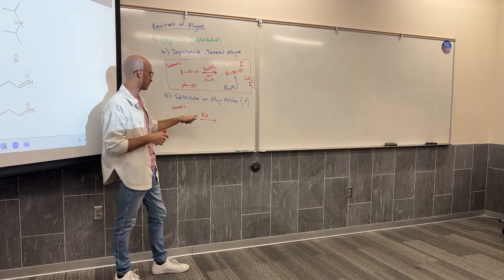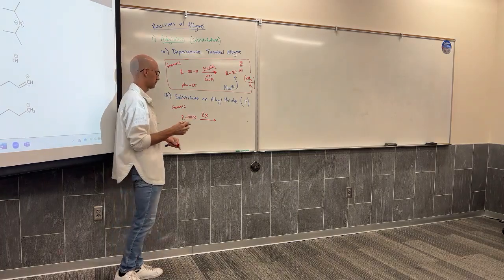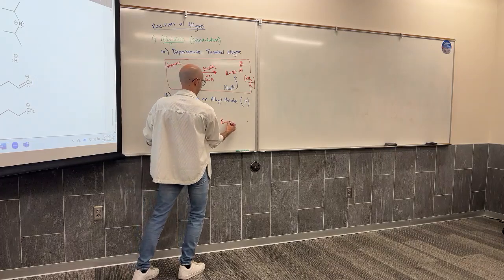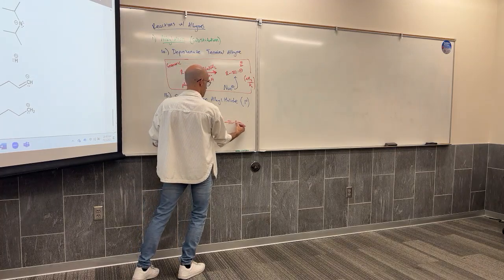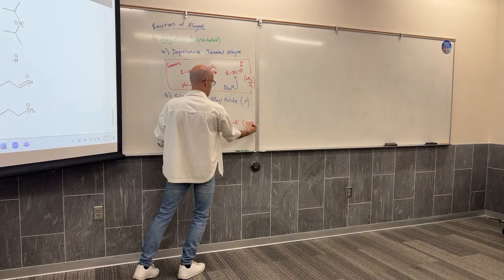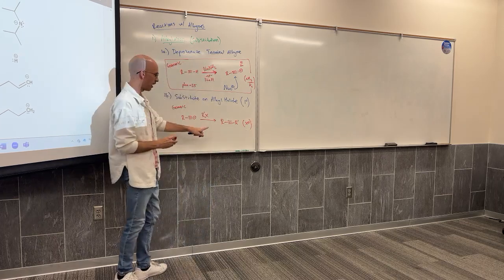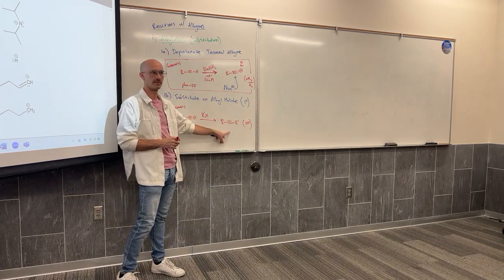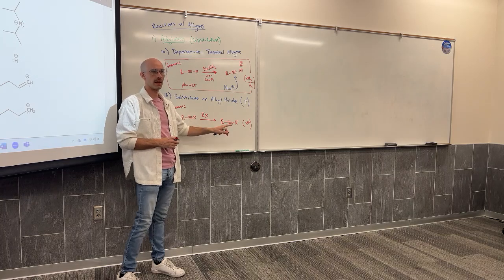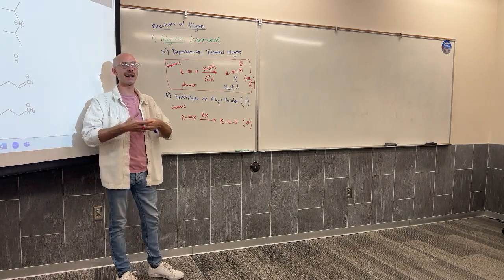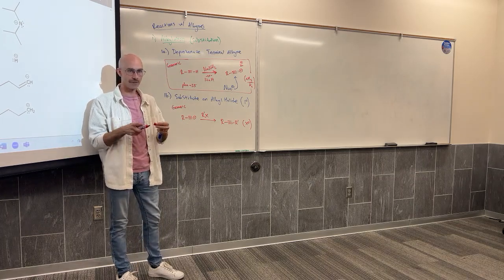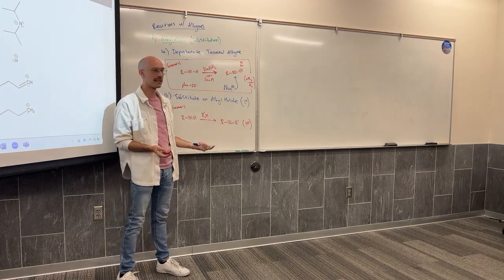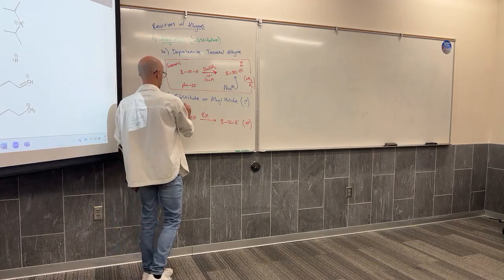I'm just saying that it's bonded to something. And the product we get is an internal alkyne. I have taken a terminal alkyne, I have alkylated it, given it an alkyl group. Now it's not terminal anymore.